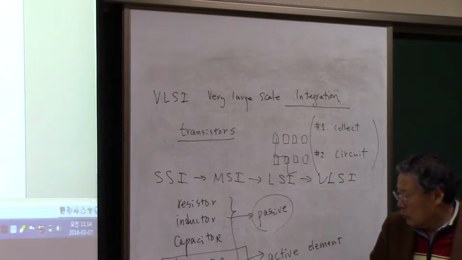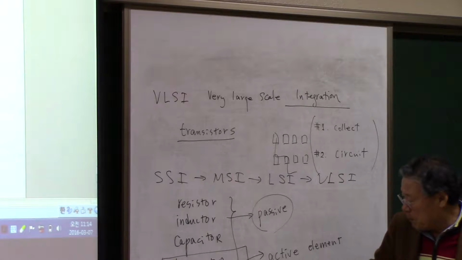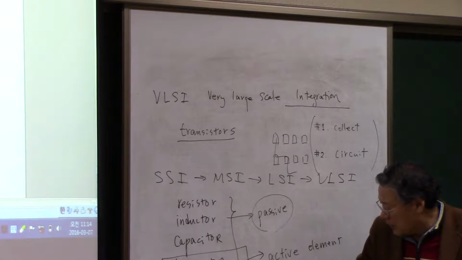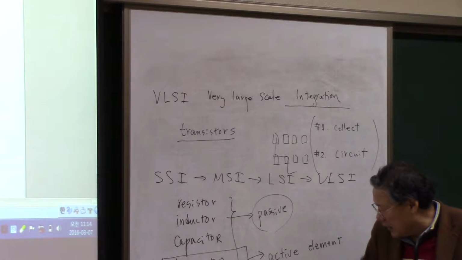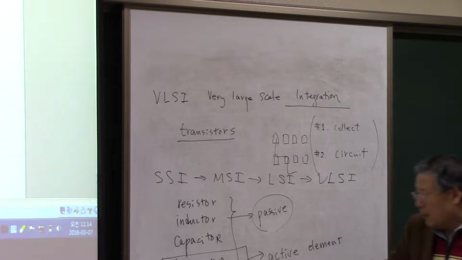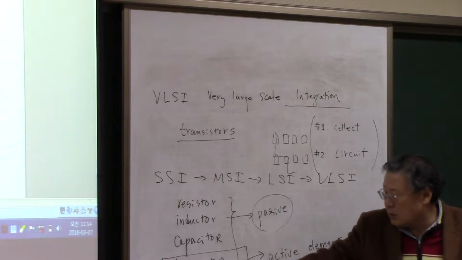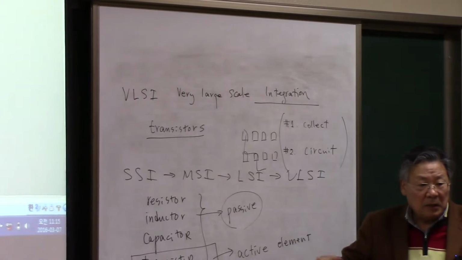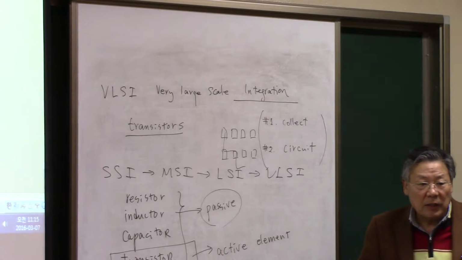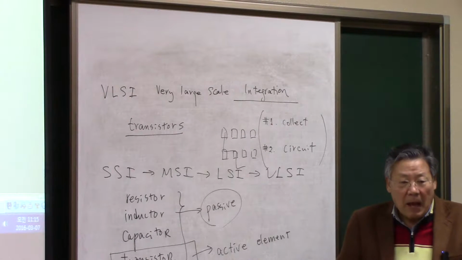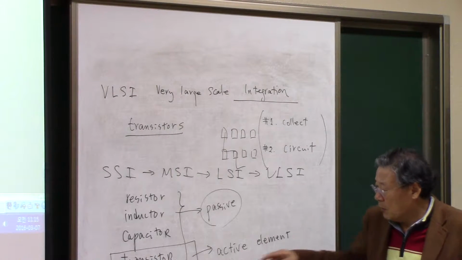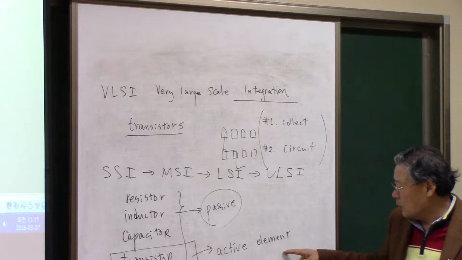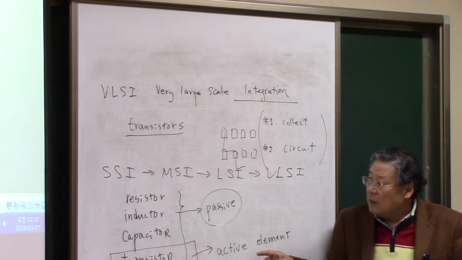Actually, we do not use production, but we use gain instead. But anyway, this transistor not only changes the signal, but also amplifies the signals. So this element is called the active element.